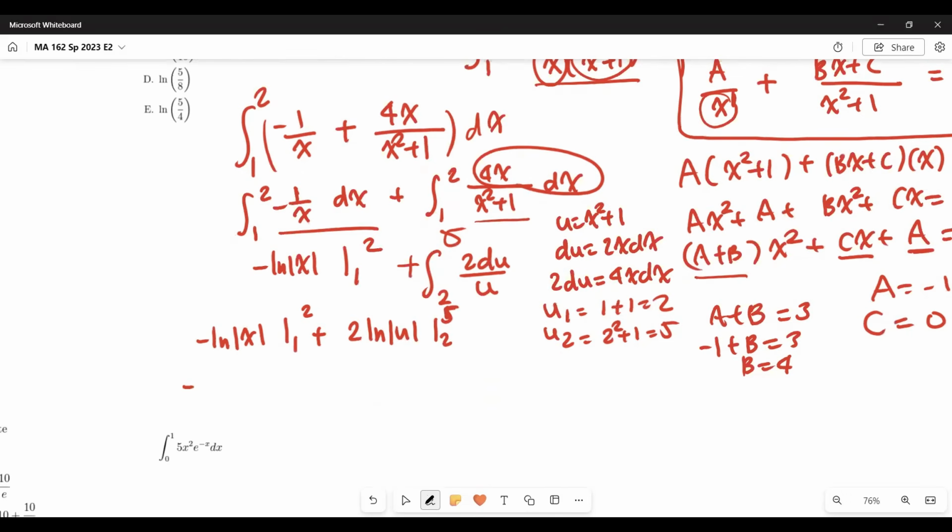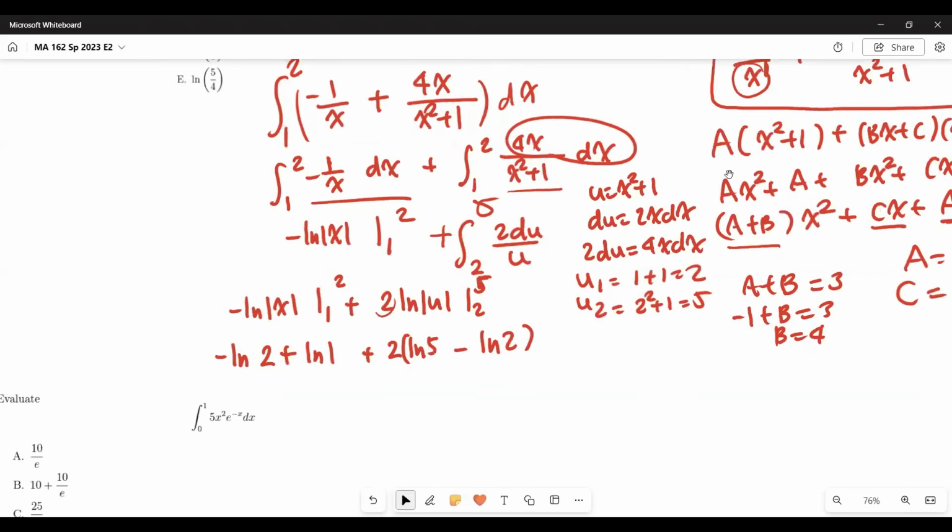So this is negative ln 2 plus ln 1, plus 2 ln 5 minus ln 2. I put the parentheses in between because it's 2 multiplied by ln u. So that's why. And then this will be negative ln 2 plus ln 1, which is 0, plus 2 ln 5 minus 2 ln 2, right?